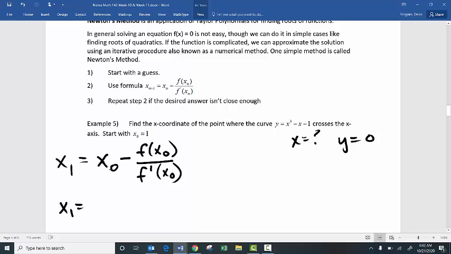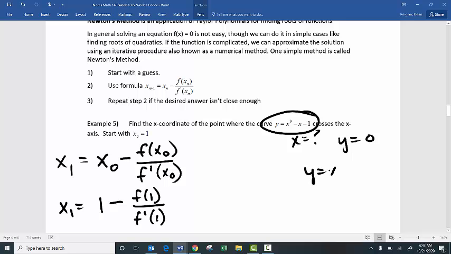All right? So we're trying to figure out x of 1, which is our next guess. So our first guess was 1 minus, so now you put 1 into the function. Here's the function. And then what you do is you put 1 into the derivative. All right? So here's our function, x cubed minus x minus 1.